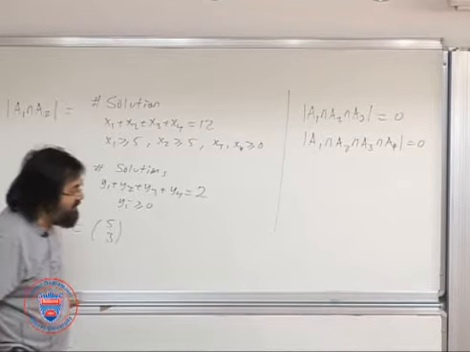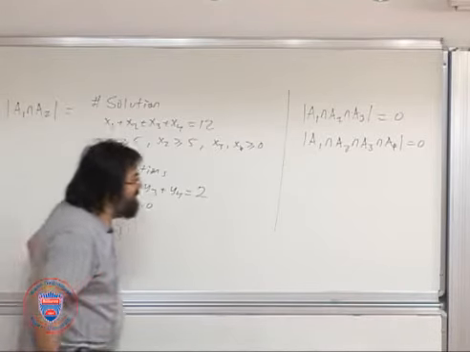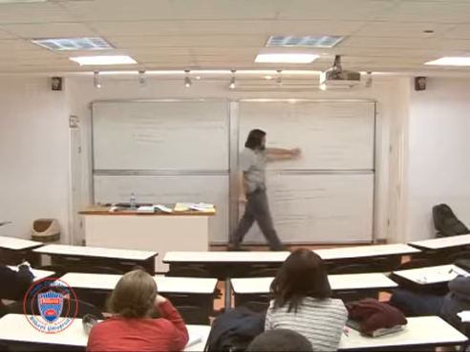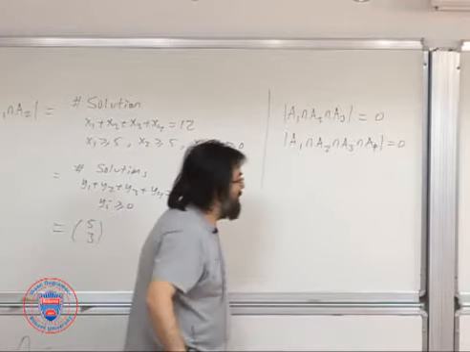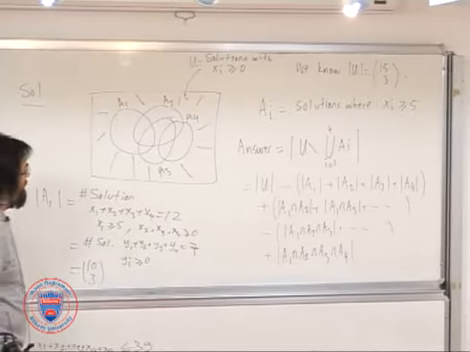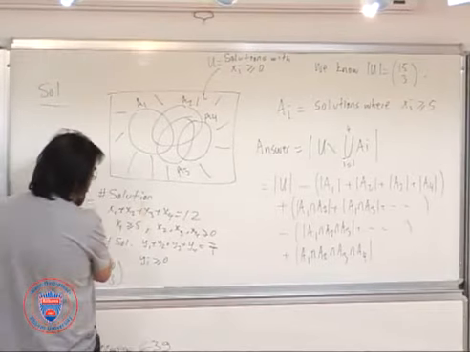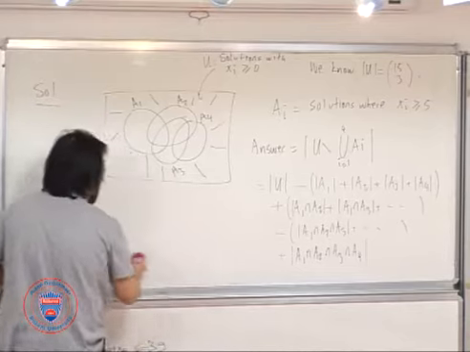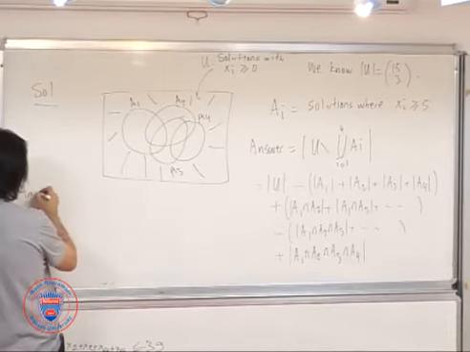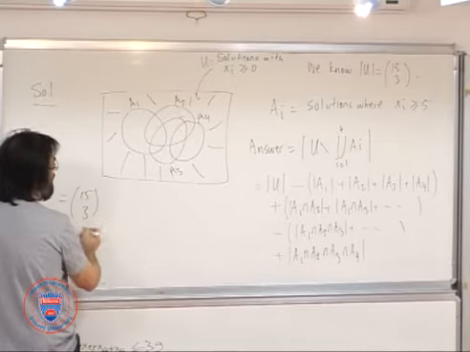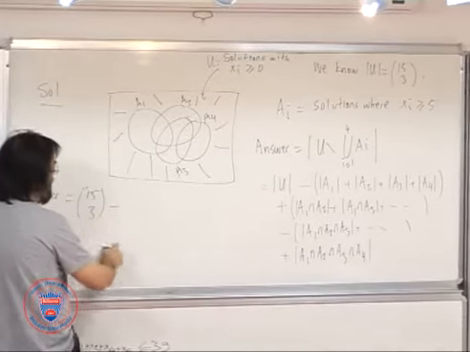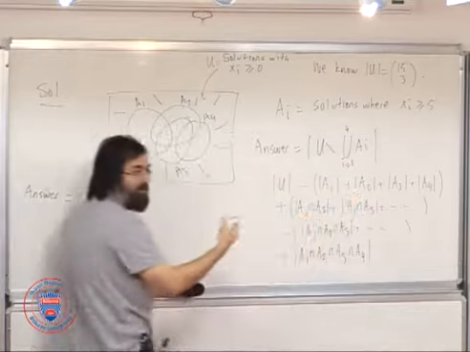Which means I can now write my answer. Okay, you just need to put all these things in here to finish the proof. I will erase here so that you can see what the answer is. So the answer will be 15 choose 3 minus, they're all the same, doesn't matter how you count it.